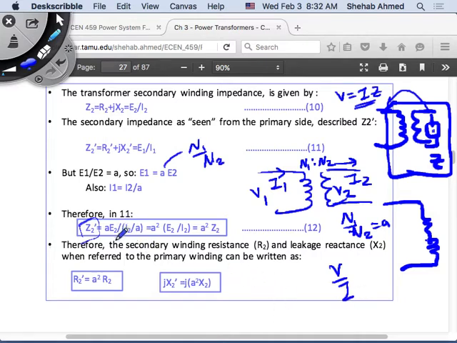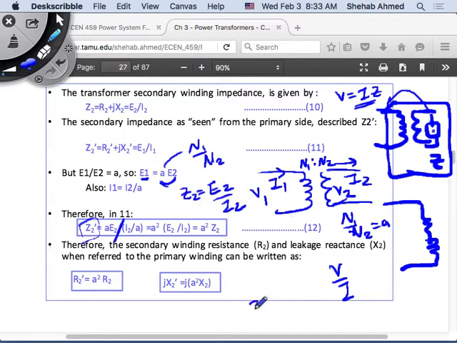I have my voltage on the primary side, E1. That E1 is equal to A times E2, correct? So I wrote A times E2 here instead of E1. Z2 is equal to E2 divided by I2, right?